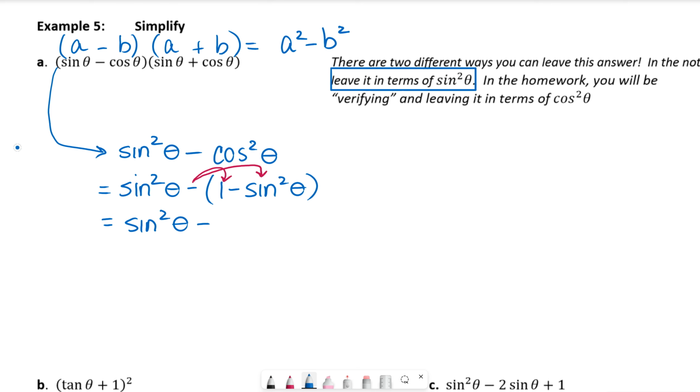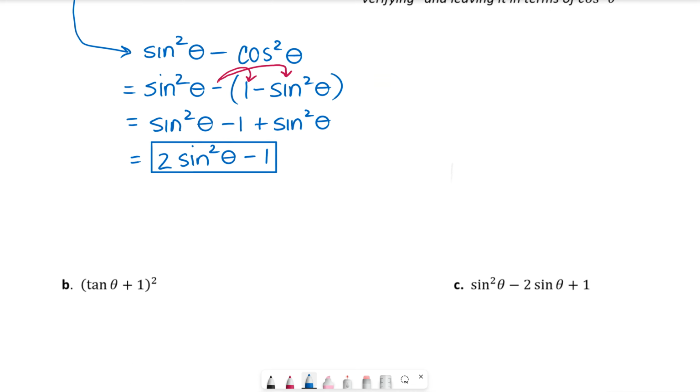So negative times 1 is -1. Negative times negative sine squared is positive sine squared theta. And then combine those, sine squared plus sine squared, and I end up with 2 sine squared theta minus 1. Okay, so on that one, distribution is pretty quick because that is a difference of squares approach.